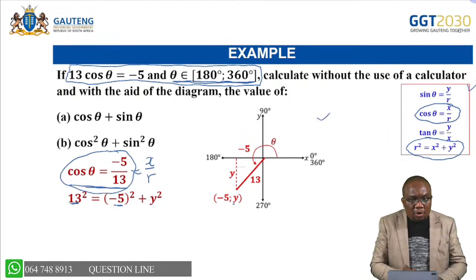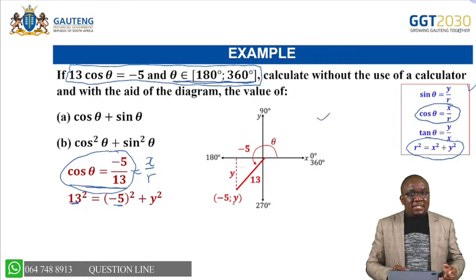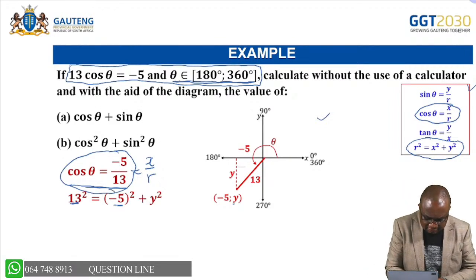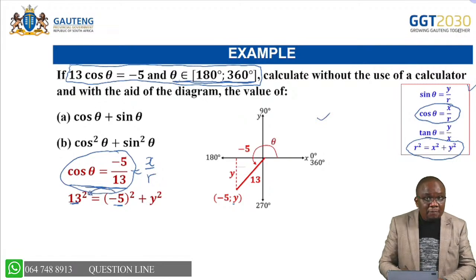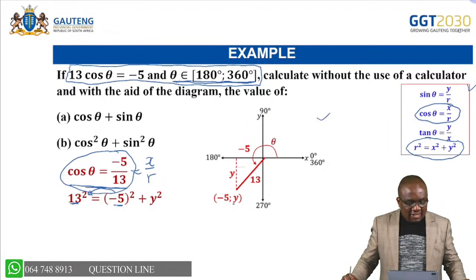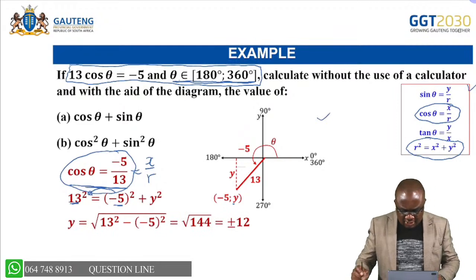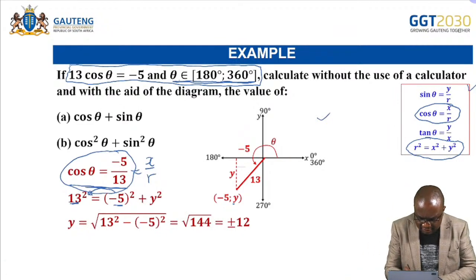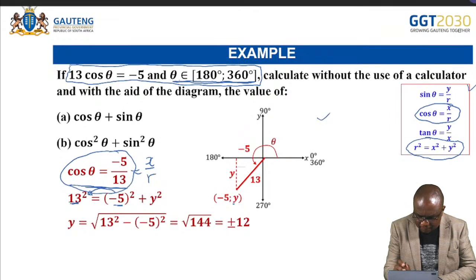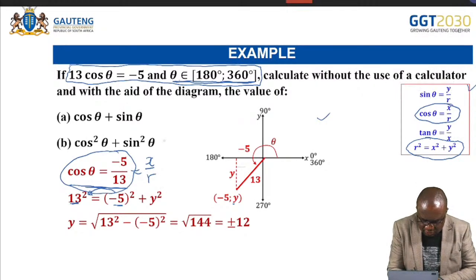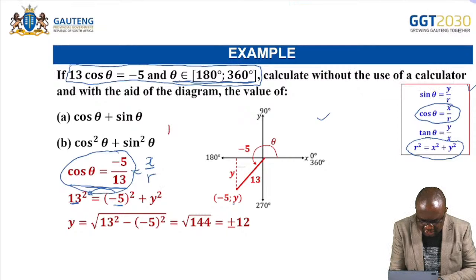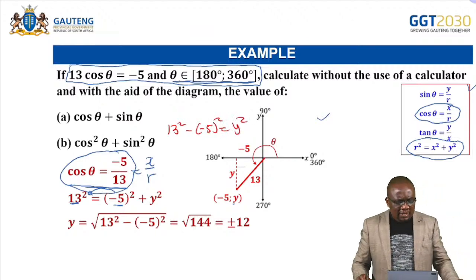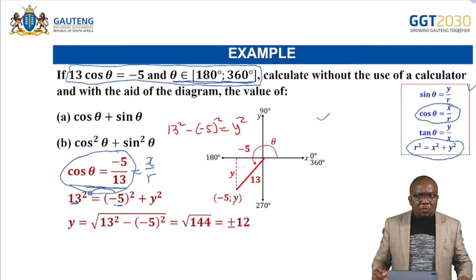We can transpose, isn't it? Or we can say we're subtracting negative 5 squared on both sides of the equation. Or we bring this negative 5 to this side, and then it becomes 13 squared minus negative 5 squared. Let me show you this step here. Here we're going to say 13 squared minus negative 5 squared is equal to y squared. You see that?